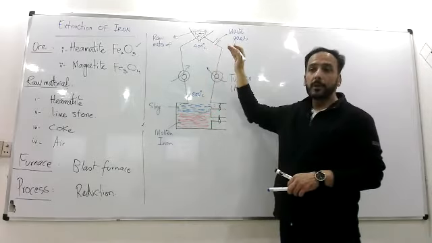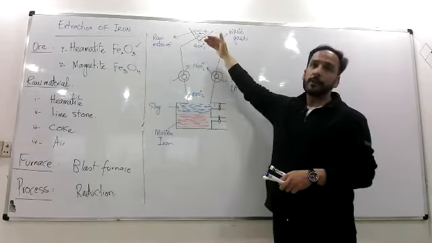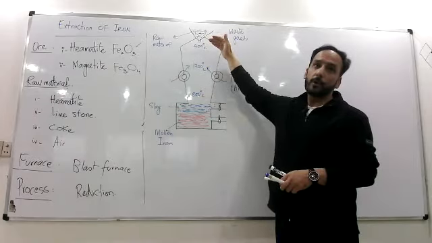Like 400 degrees Celsius and about 800 or 1000 here, but it's much higher in the middle, around 1700 degrees Celsius. So this sort of weird temperature range of this furnace is something that you need to remember. Very less at the top, highest in the middle, and a little lesser on the lower side even.